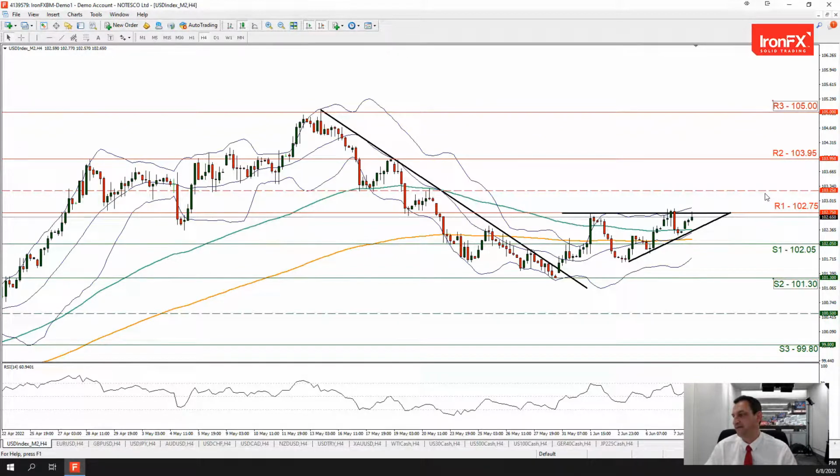Higher than that, and should the bulls take over and start running things, we may see the index starting to approach the 103.95. Always note this is the 4-hour chart of the USD index. And as the ultimate target for the bulls, we set the 105 resistance level, which is a nice round figure and has provided resistance around the 13th to the 15th of May.